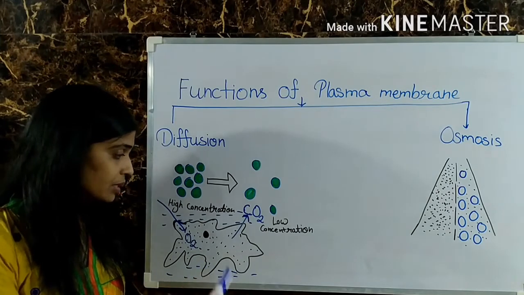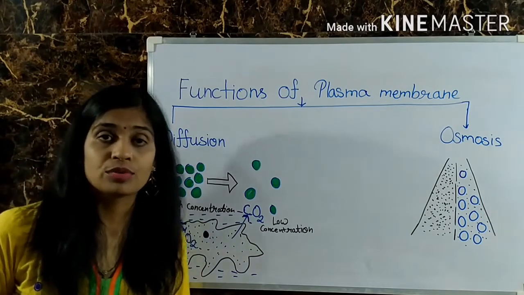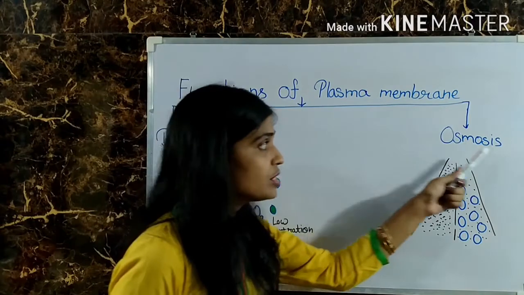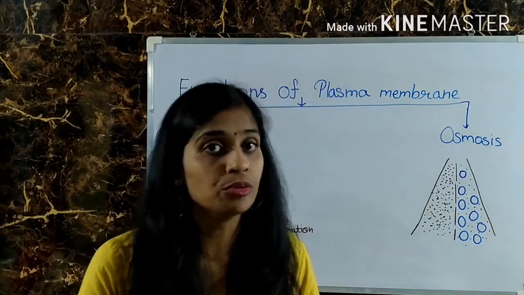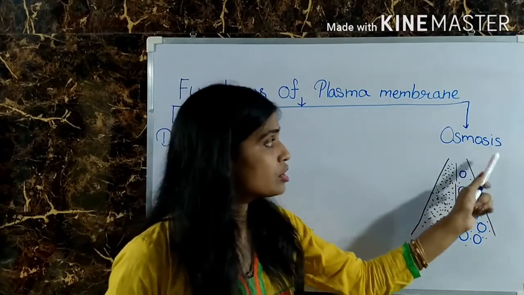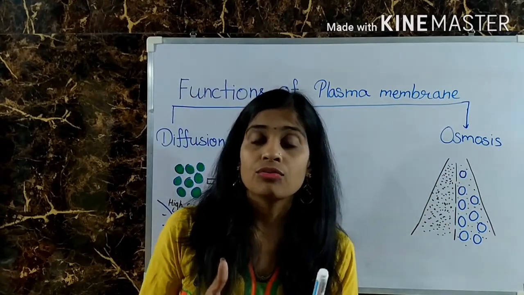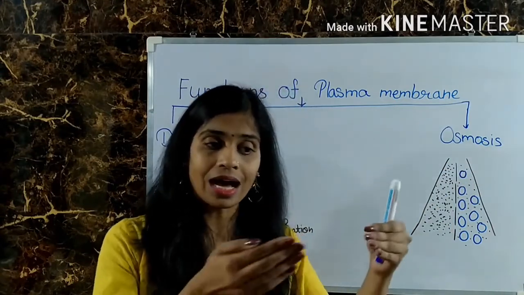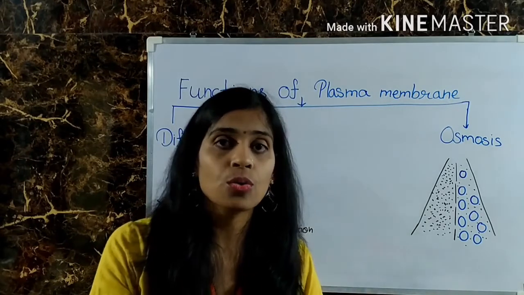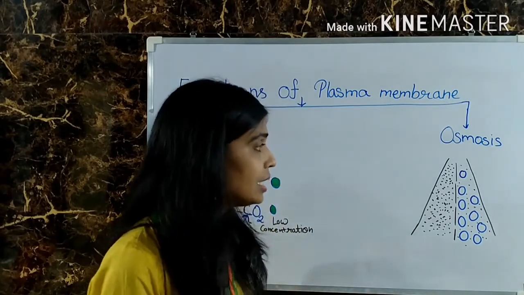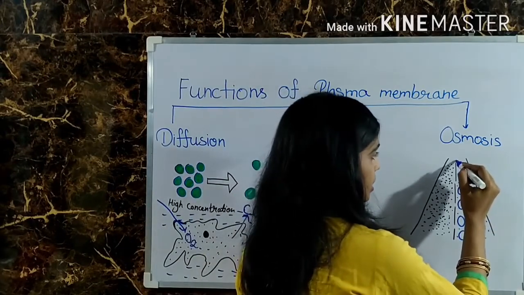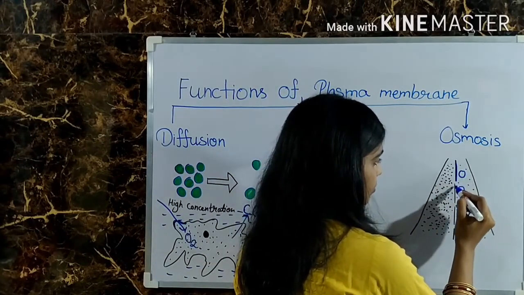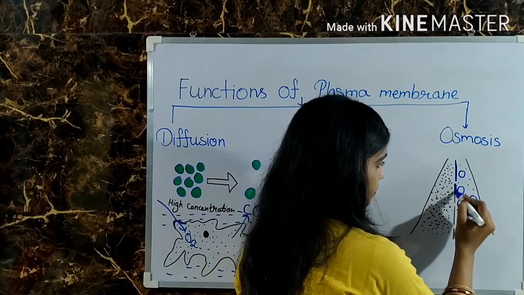Now we will learn about osmosis. So osmosis is also a type of diffusion, because in the process of osmosis, the water moves from the higher concentration to the lower concentration. In this diagram you can see this layer that I am showing you.